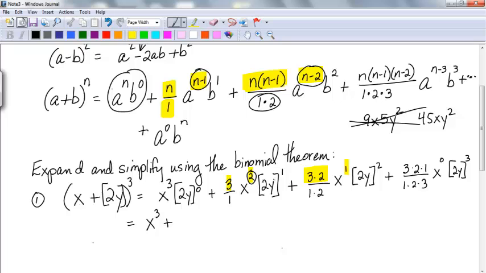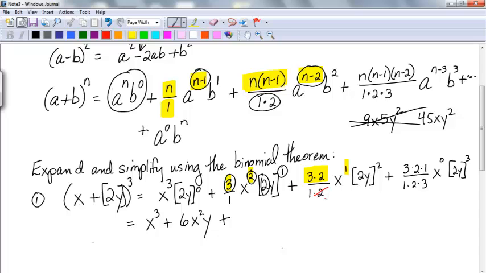So when you multiply, first you've got to simplify. 2y to the first power is just 2y. So then we need to take this 2 times this 3, which would be 6, and then x to the second, y to the first, plus. If you can reduce, you go ahead and reduce it.